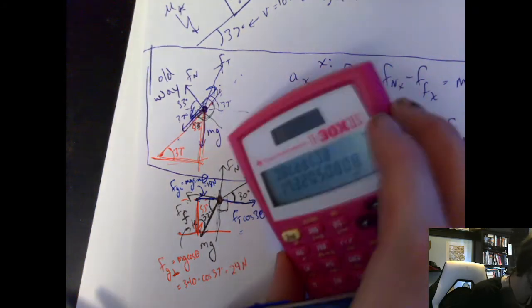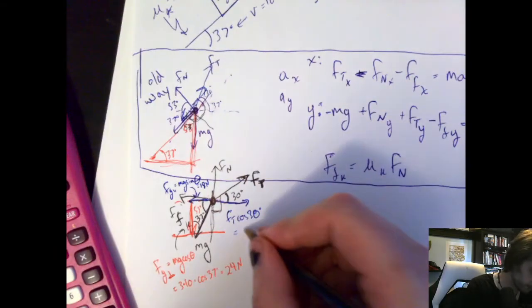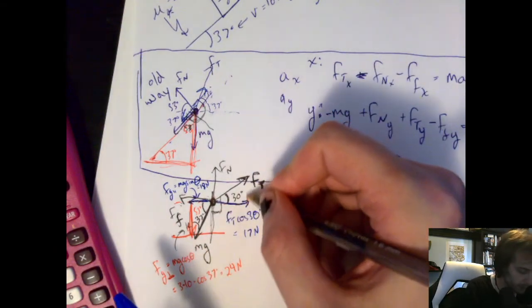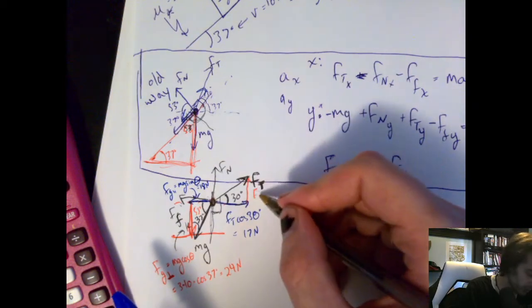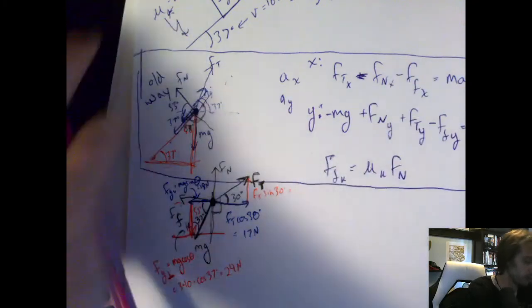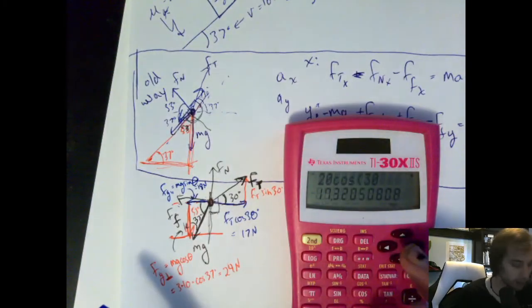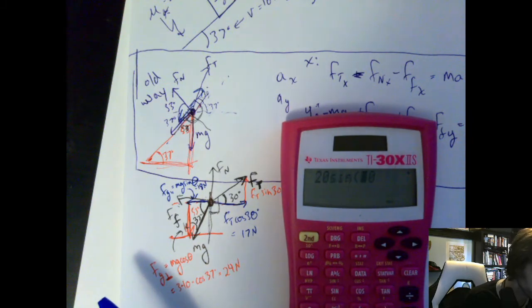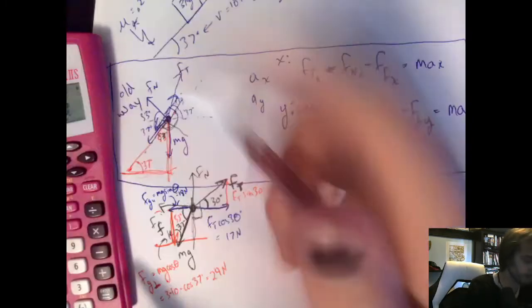Which is 17, we'll call it 17. And then my y component, which is Ft sine 30, which should just be 10. Great.